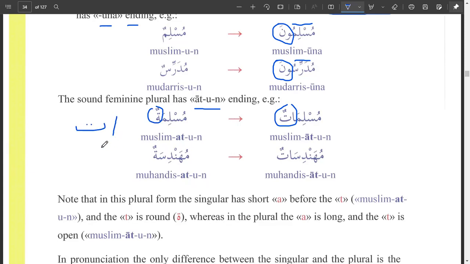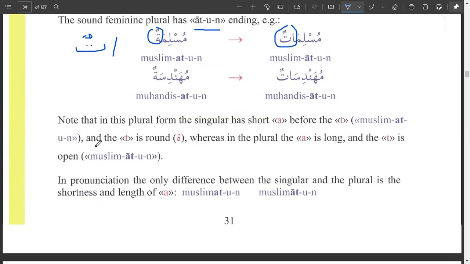So what do we do? We add one alif, we change this round ta into an open ta, and we give it tanween.